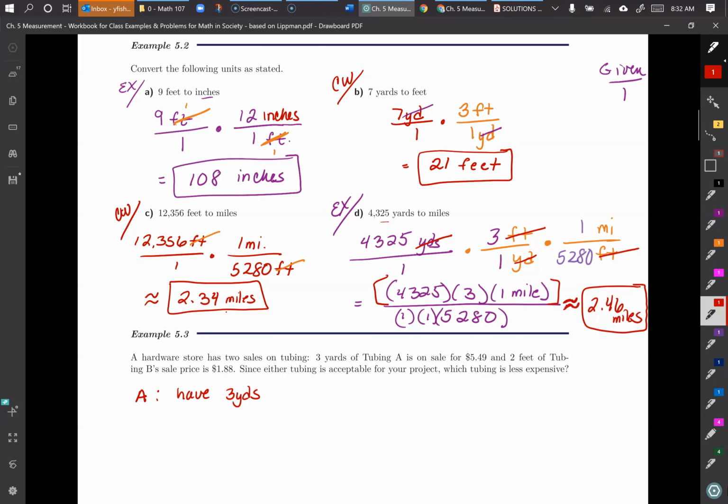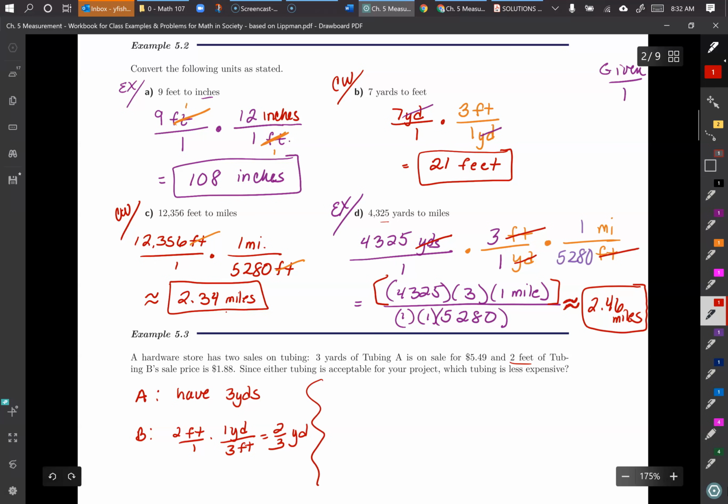For B, I'm given the information in feet, so I do need to do a conversion first. And I'm going to convert from feet to yards. So if I have 2 feet over 1 times 1 yard over 3 feet, that's going to give me 2/3 of a yard. So that way my units match. So that's an important thing to note.